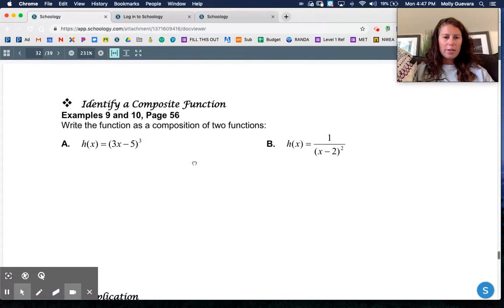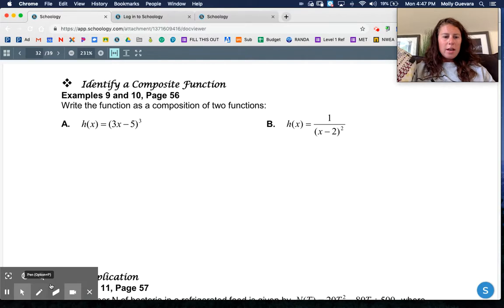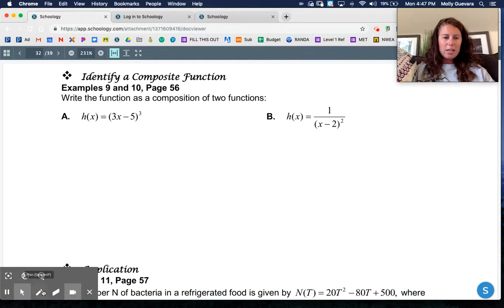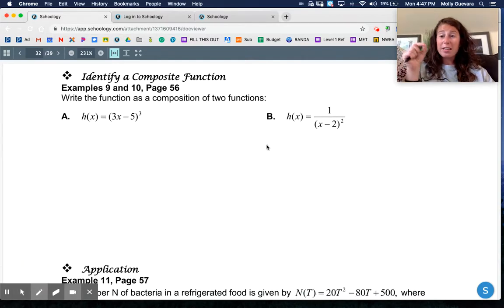All right, we're getting close, guys. Now we're just looking at identifying a composite function, meaning if I'm given the composition, can I split it up into those two original functions? Meaning here's h of x.